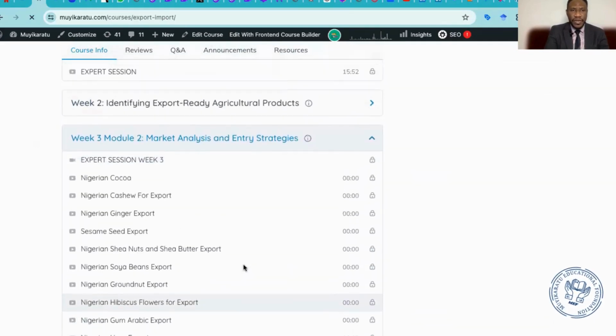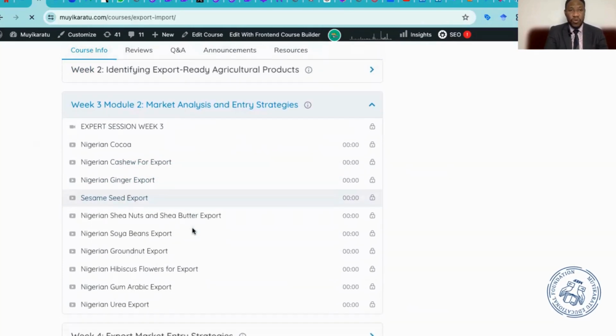In week 3, we have the Nigerian cocoa, Nigerian cashew for export, Nigerian ginger export, sesame seed export, Nigerian shea nuts and shea butter export, Nigerian soya beans export, Nigerian groundnut export, Nigerian hibiscus flowers export, Nigerian gum arabic export and Nigerian urea export.